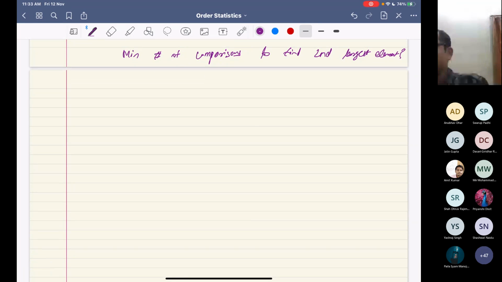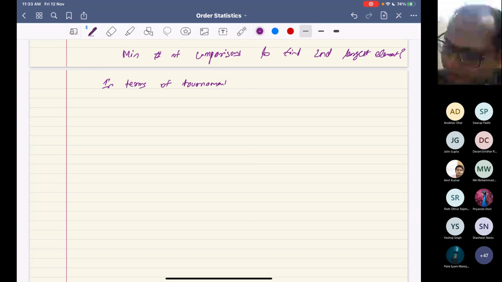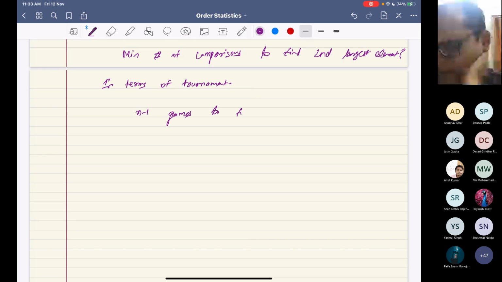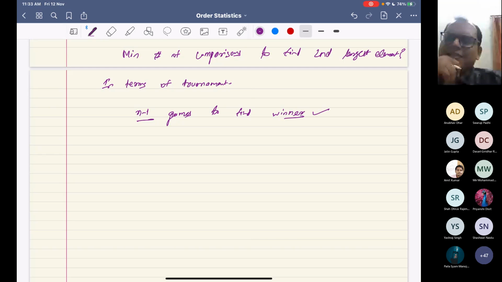Again, think in terms of a tournament. We saw that you need n minus 1 games to find the winner, if you are doing a knockout. Now, how do you find the second best?